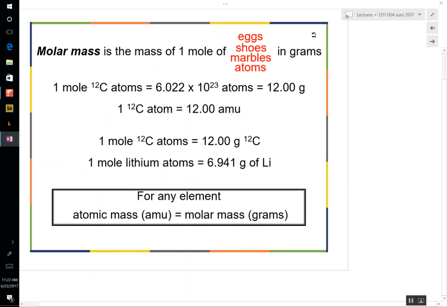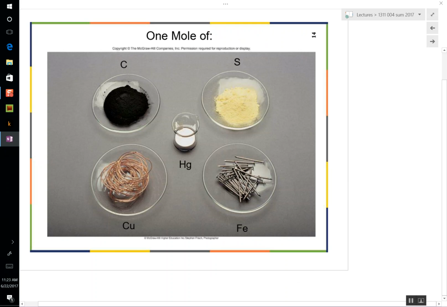All right, we got into Avogadro's number. There's a mole of each of those things. It's not a lot. A mole of copper would be 63.55 grams of copper. A mole of mercury, pretty heavy, 200.59 grams.